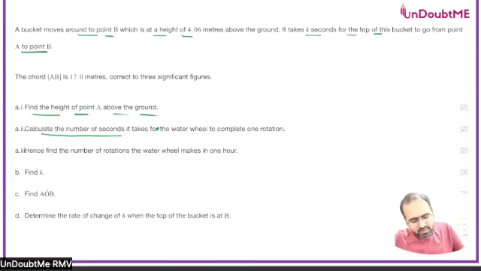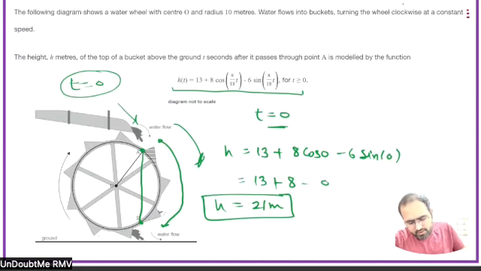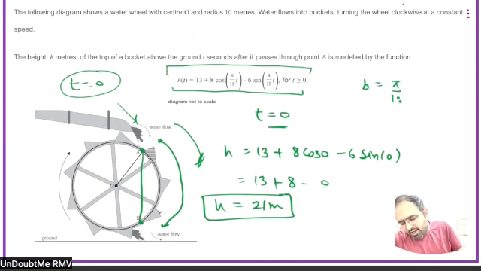Calculate the number of seconds it takes for the water wheel to complete one rotation. Now, what is the meaning of one rotation? If you look at this equation, it is a trigonometric equation in which the value of b is pi by 18.